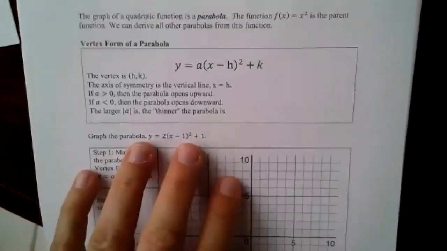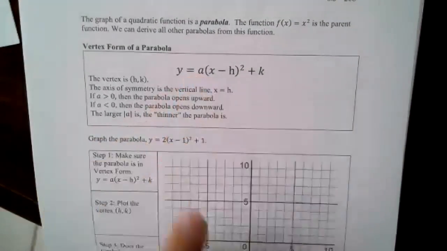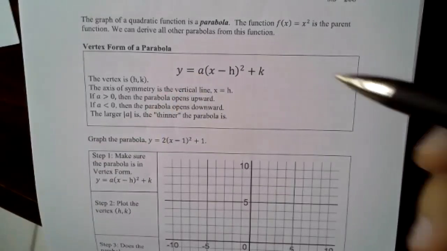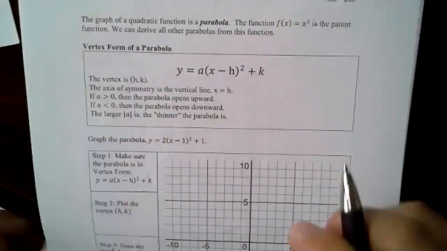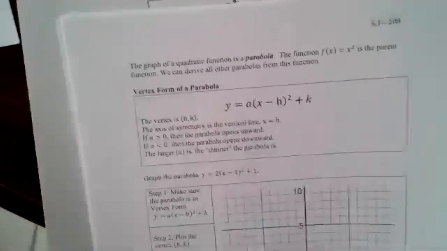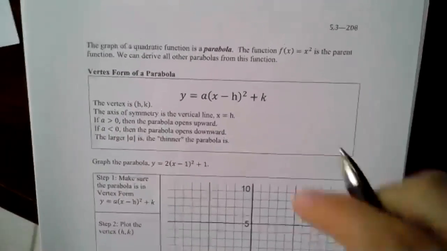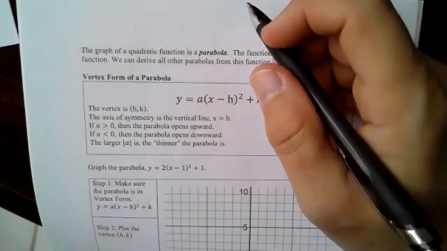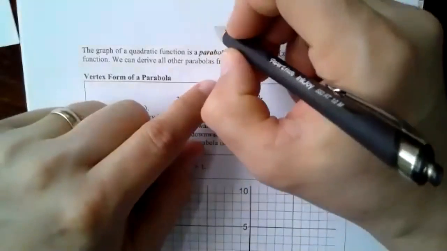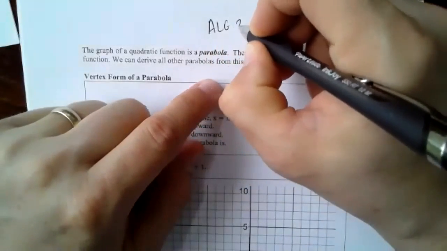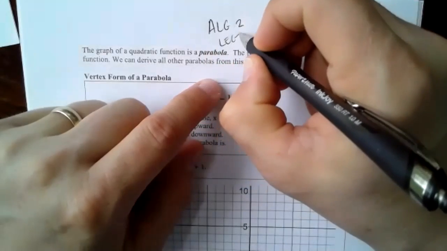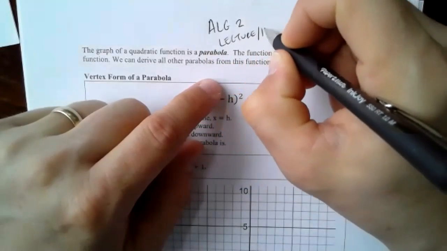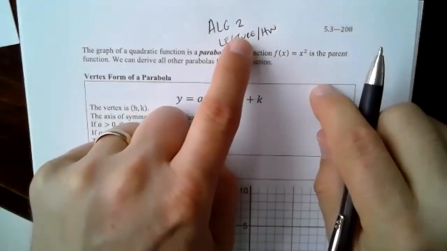We're going to talk about vertex form of a parabola, and I think I'm on page, if I remember right, let me see what page this is, 17. On that Microsoft Teams file, you have to go under Algebra 2, and then under lecture/HW or something like that, and you click on that.